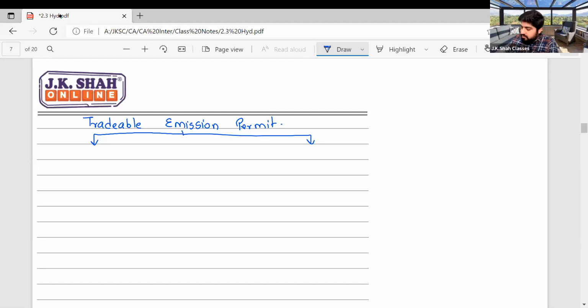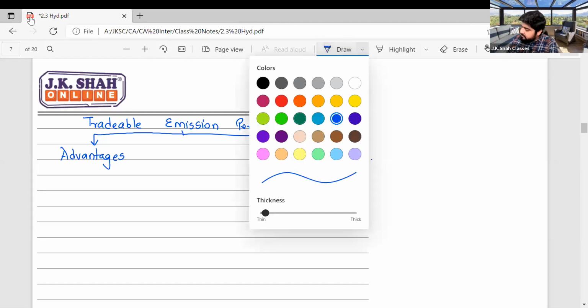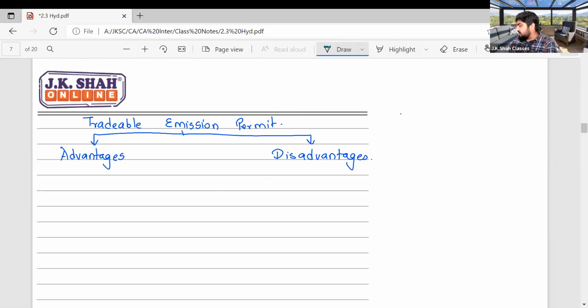Okay. So we will quickly write down, students, what are the advantages and disadvantages. Yes, Ronald, that's right. In advantages, please write down the first point: rewards flexibility and efficiency.